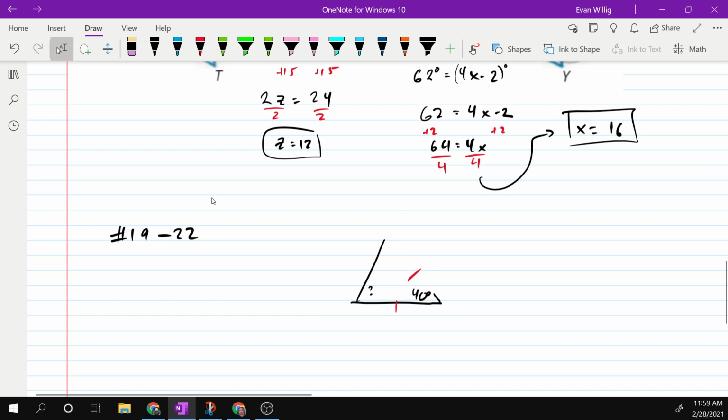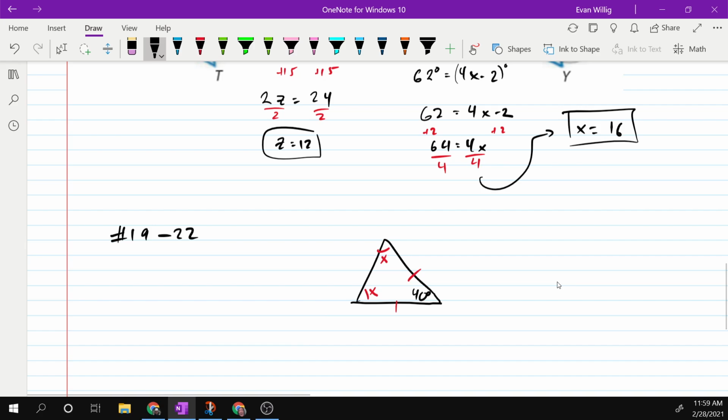Oops. Because they're opposite. Oops, I don't know why I did that. Oops, what is happening here? The opposite base angles are congruent as well. And look, we could just make our life easy and call it x, but if one of them's x, then the other one's x.